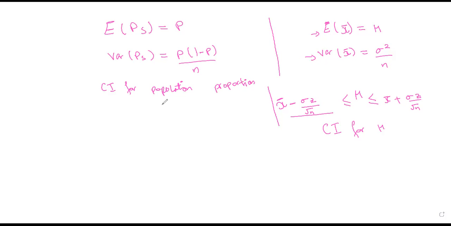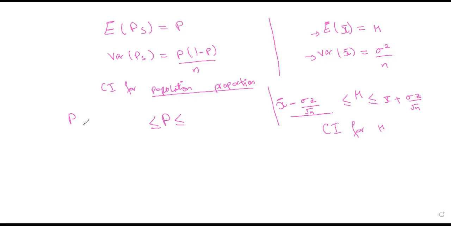Okay. All right. So here the confidence interval would be, first of all, population proportion is written as P. This is going to come in the center.